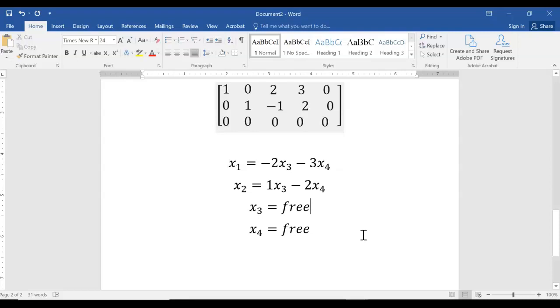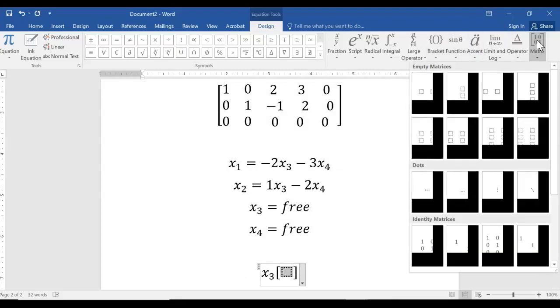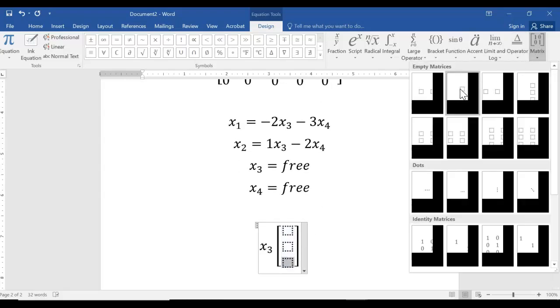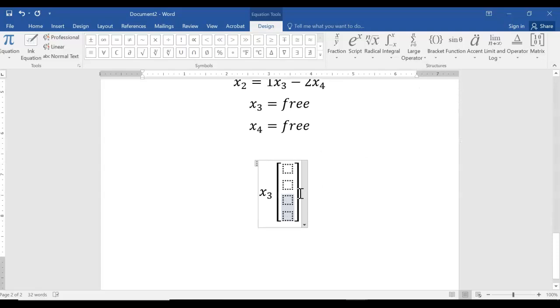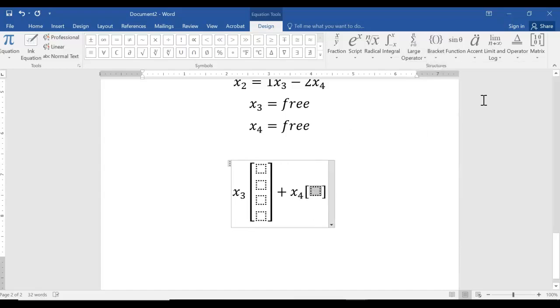Okay. Now think about what the parametric solution looks like to this. We have two free variables. So the parametric solution is going to look like x3 times a four-dimensional vector, plus x4 multiplied times a four-dimensional vector.